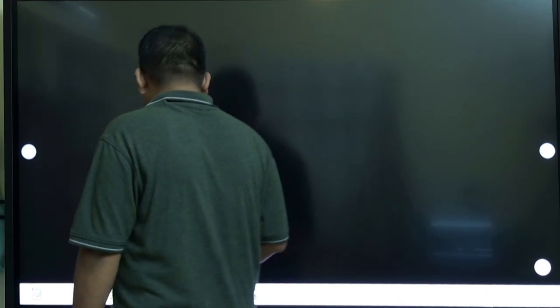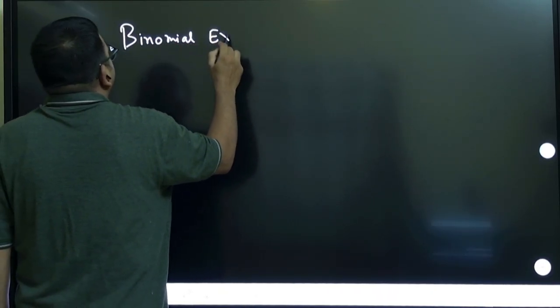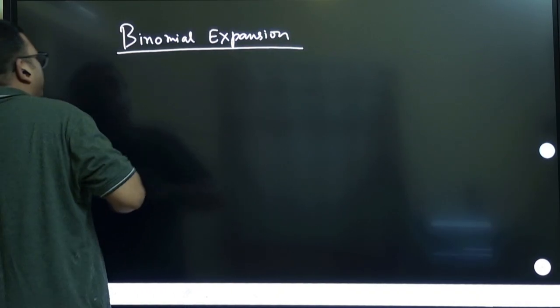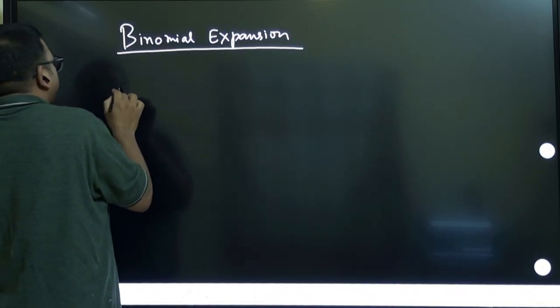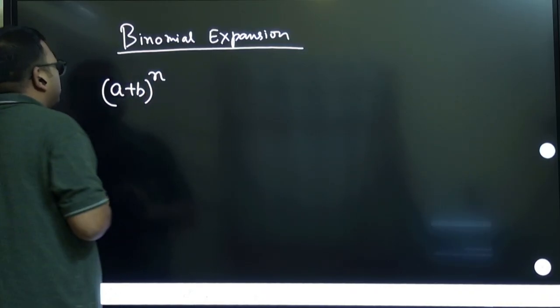Now let us understand binomial expansion. Binomial expansion means (a plus b) power n expansion.